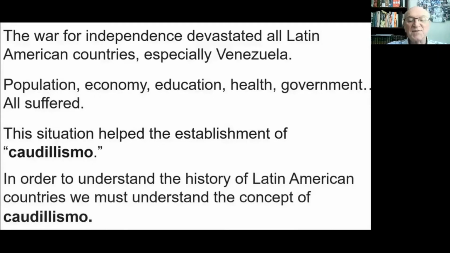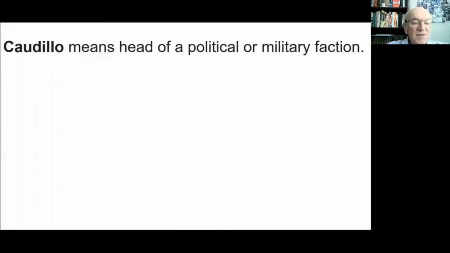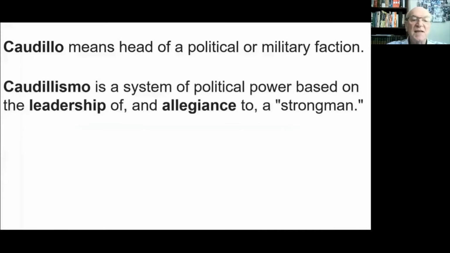In order to understand the history of Latin America, we must understand the concept of caudillismo. Caudillo, the word in Spanish, means the head of a political or military faction. And caudillismo is a system of political power based on the leadership of and the allegiance to a strongman, the caudillo, or the warlord. Warlord is very apt because most of the time they were warriors.